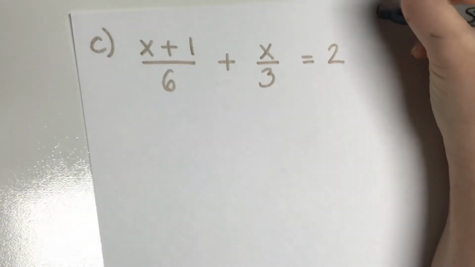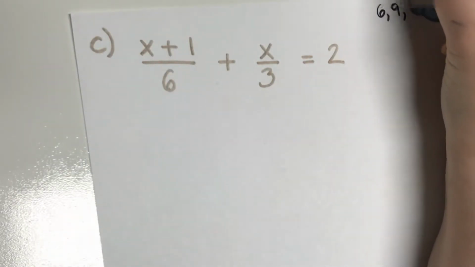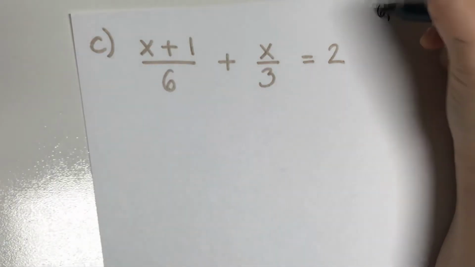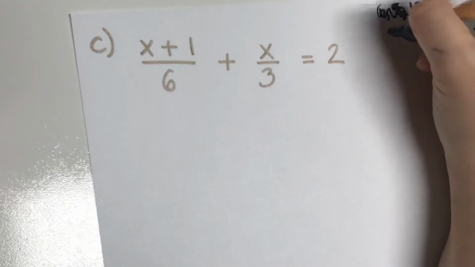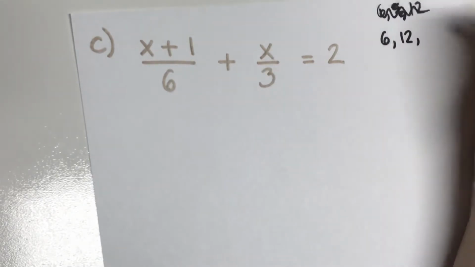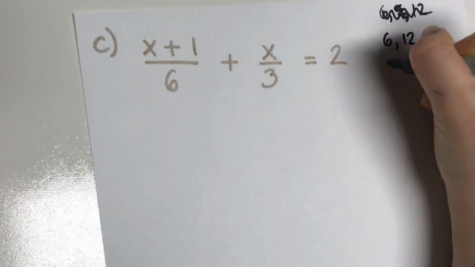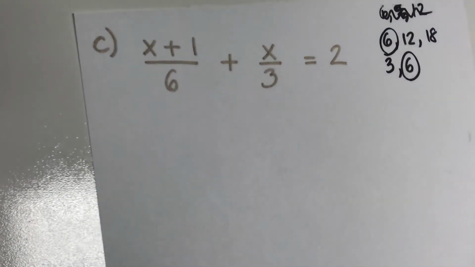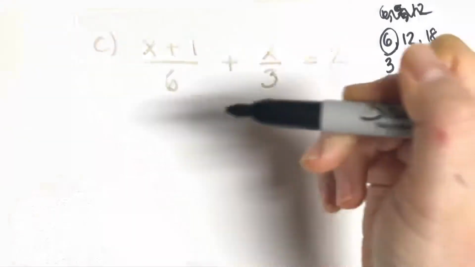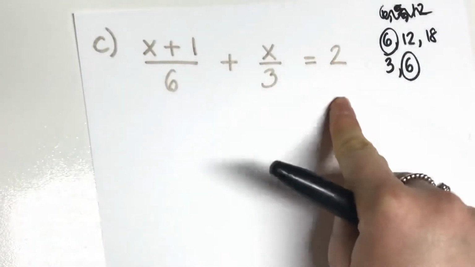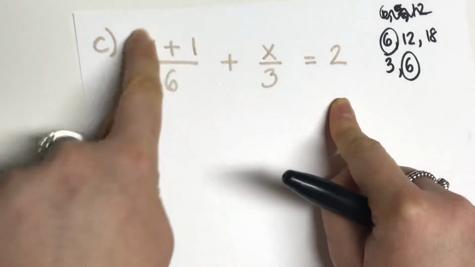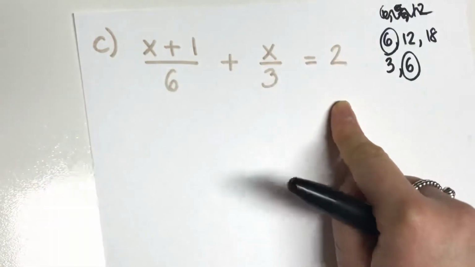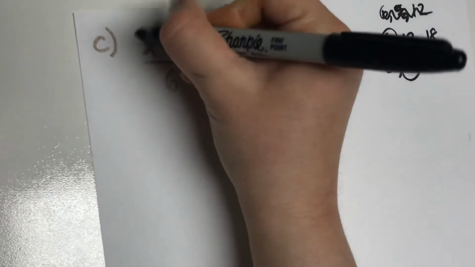So I'm going to list the multiples of 6, and then multiples of 3, and I already see that 6 is one of the multiples. So 6 is what I'm going to multiply every single term by. So this counts as one term. This is another term, and this is another term. I'm going to multiply each of them by 6.